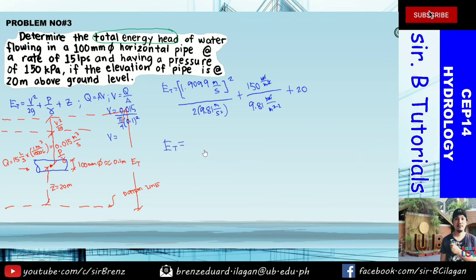So, yung alpha ko, V squared over 2g or 19.62, divided by 19.62, plus the pressure head na 150 divided by 9.81, and then plus 20. So what is the answer for the total energy head?